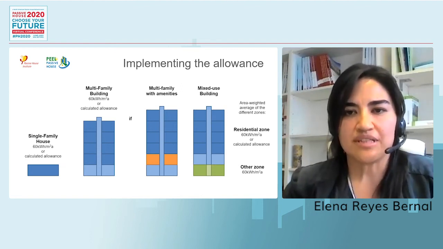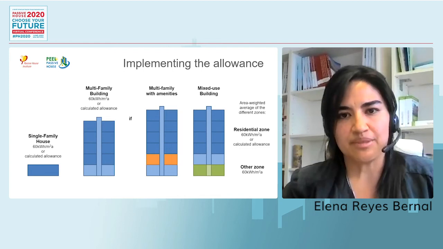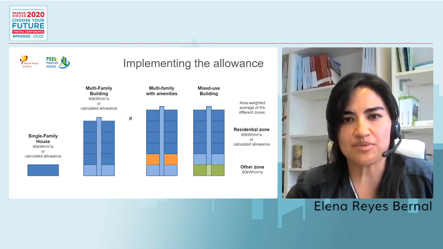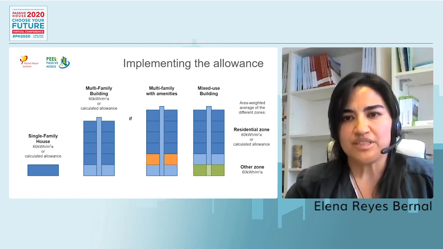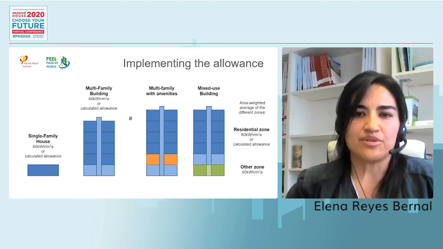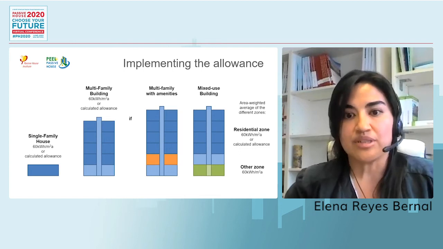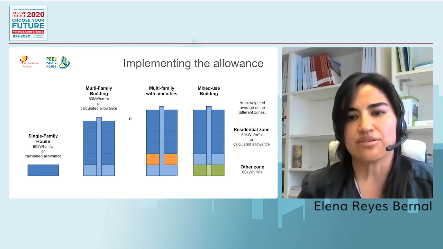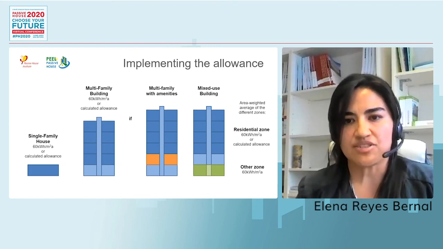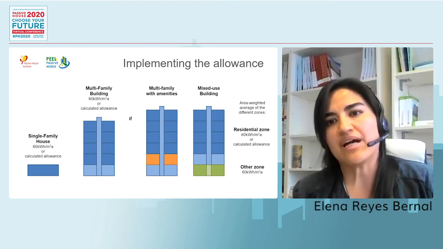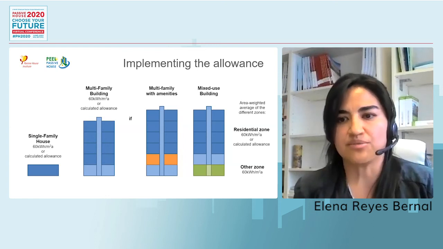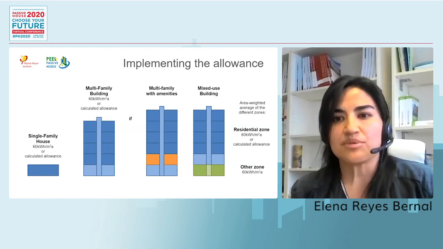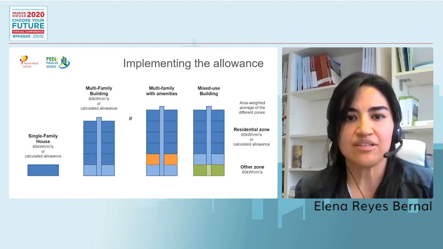So first of all, keep in mind that we've been talking mainly about projects that are residential, but it can be the case that these projects are also mixed use. So for example, we would have projects with amenities that are quite different to a residential use if they have a gym or an inside pool or several areas that are shared by the users, or we can have a fully mixed use building where there are commercial areas on the bottom. So for these cases, we would have a mix of the calculated allowance.